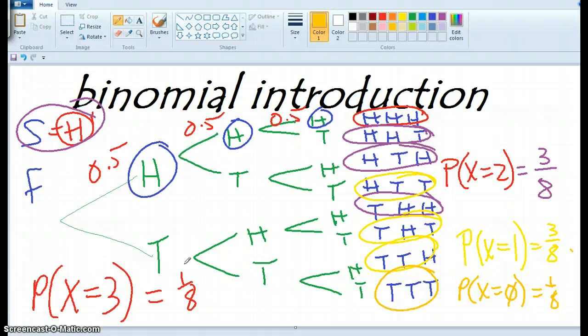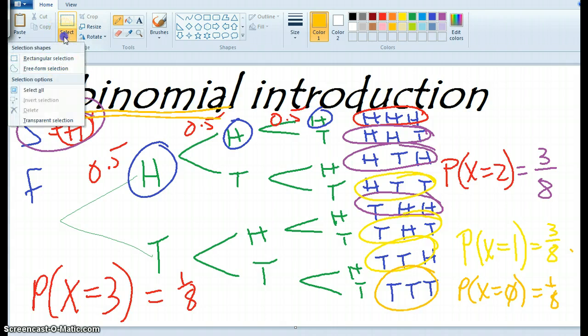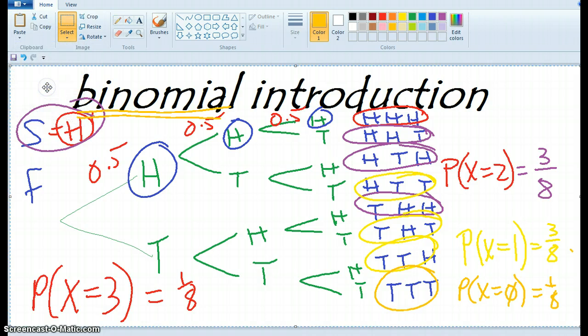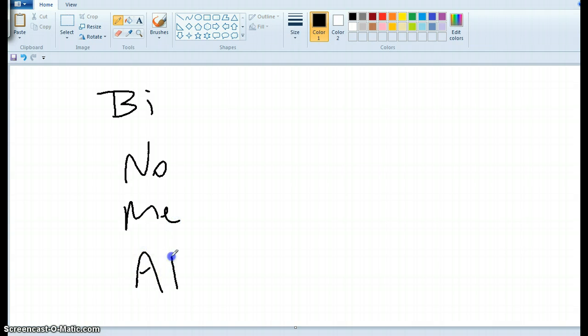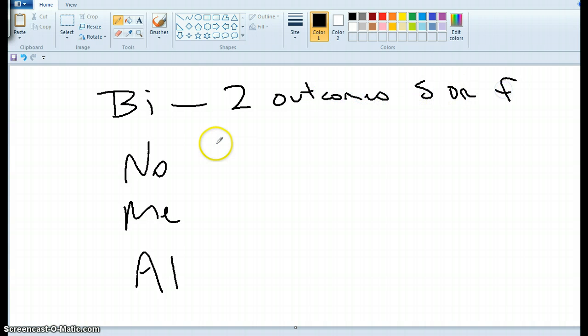Okay, so now I want to show you how to do that on your calculator using binomial distribution. The binomial distribution, you can remember off by heart. It's got a memory thing: bi, no, me, il. The bi means there's 2 outcomes, success or failure.